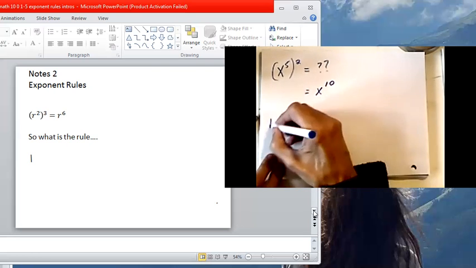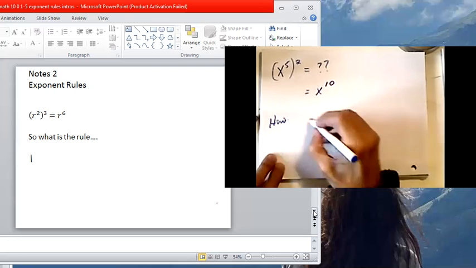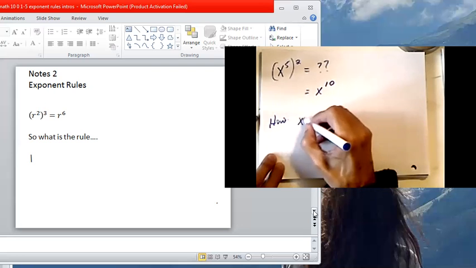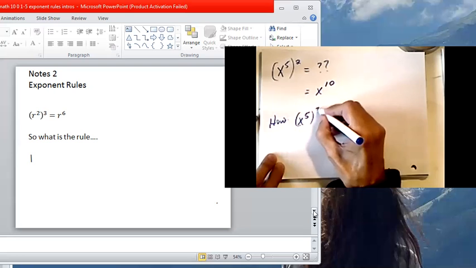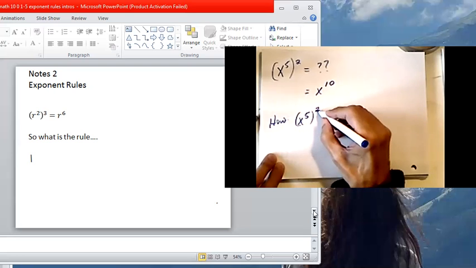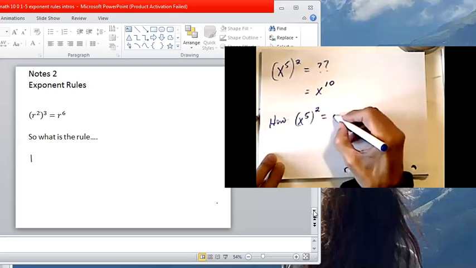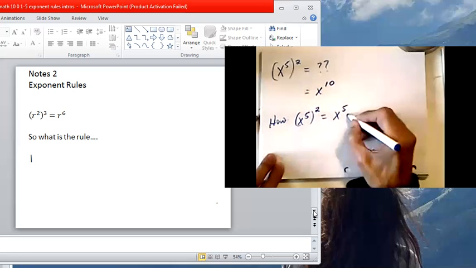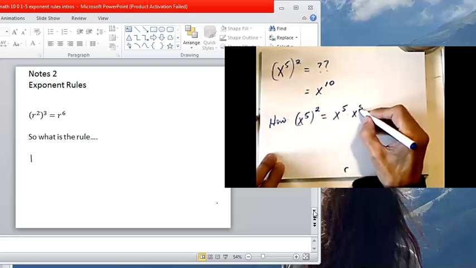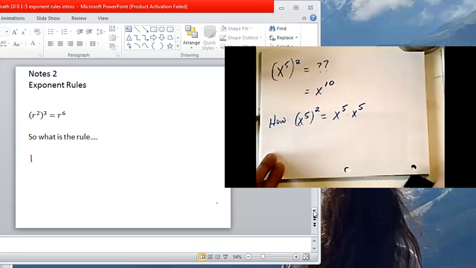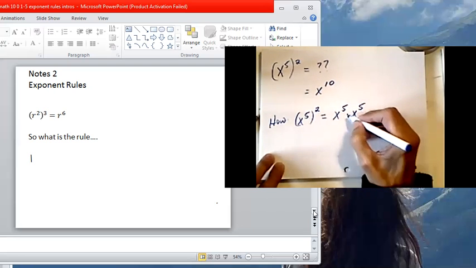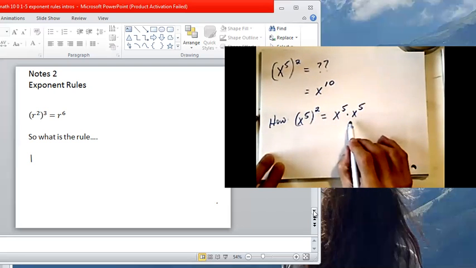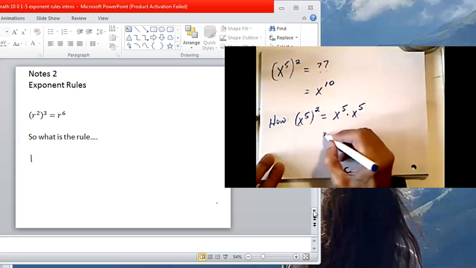And then how? Remember, you can always write these out if you forget. 2 x to the power of 5s multiplied together. Because they're multiplied and have the same base, these add up.